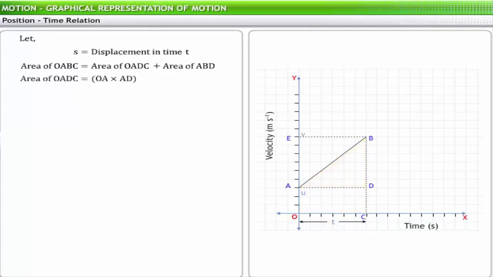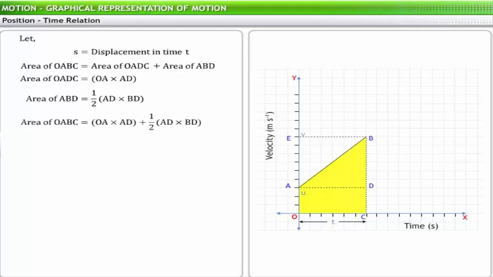Area of a rectangle is the product of its length and breadth, while the area of a triangle is half the product of its base and height. Area of OABC is equal to OA multiplied by AD plus half of AD multiplied by BD.